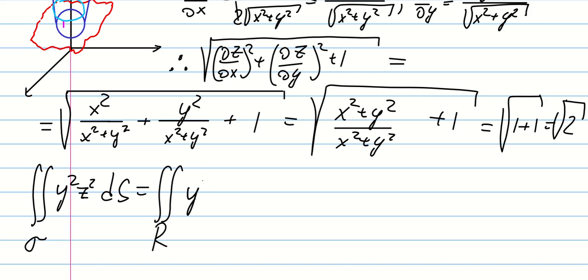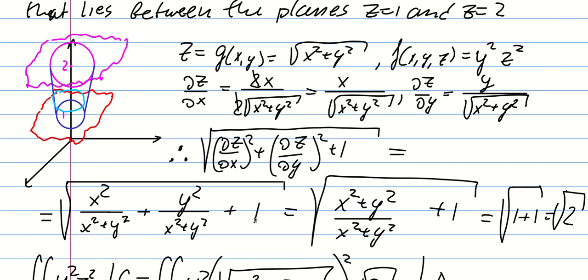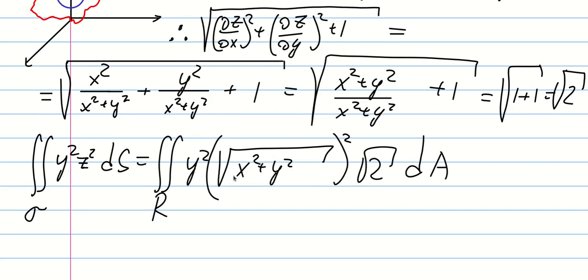So we keep the y squared untouched, and for z we put our expression, so it's going to be square root of x squared plus y squared, squared, and then we have square root of 2 dA. So the only thing left for us to figure out is the projection of this surface.